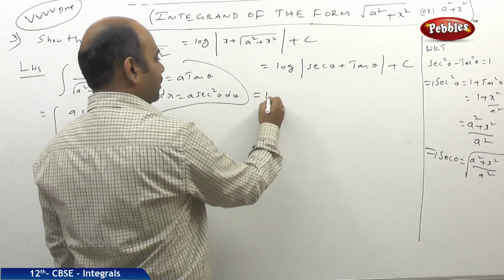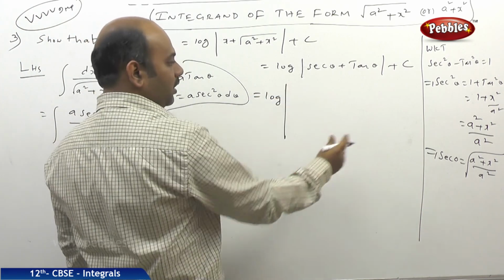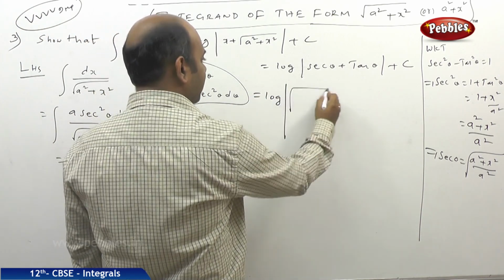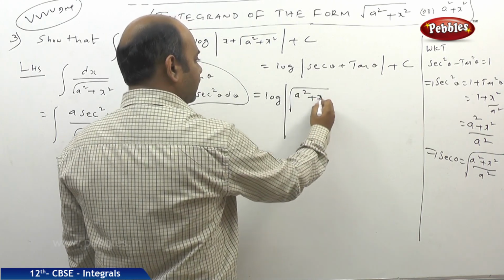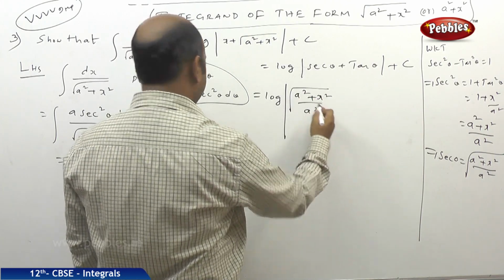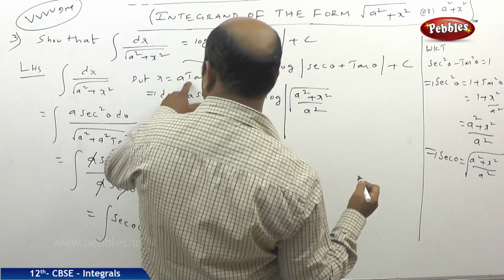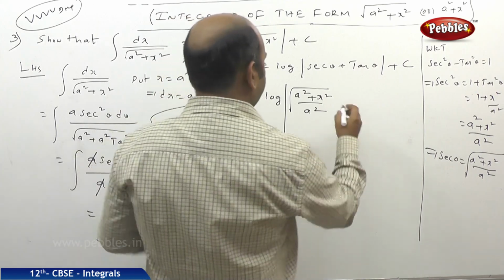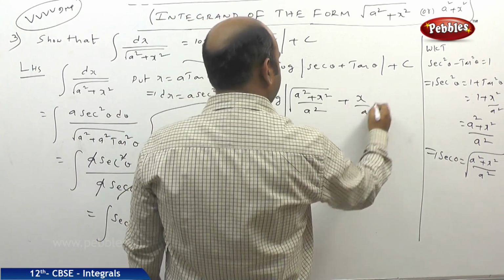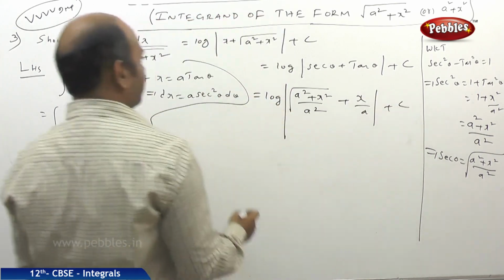So that is equal to log mod, in place of secant theta I can write under root of a square plus x square by a square, and in place of tan theta I can write x by a, and here there remains c.